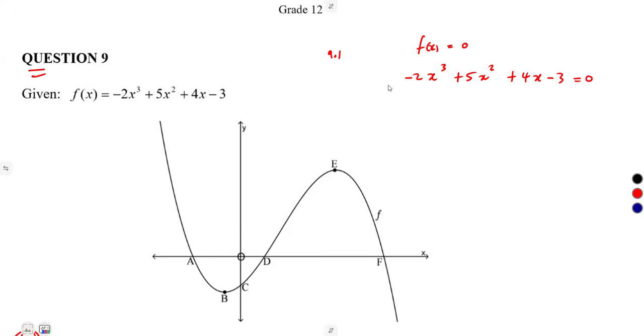So actually, we can avoid working with the negative on the coefficient of x cubed. So simply divide by -1 throughout. By -1, it does not affect your solutions, all right? So that's 2x cubed, negative 5x squared, negative 4x, positive 3, and that's equal to 0.